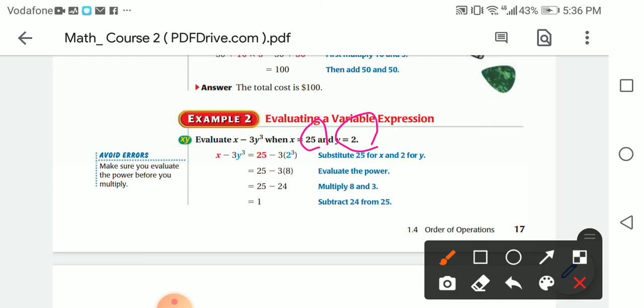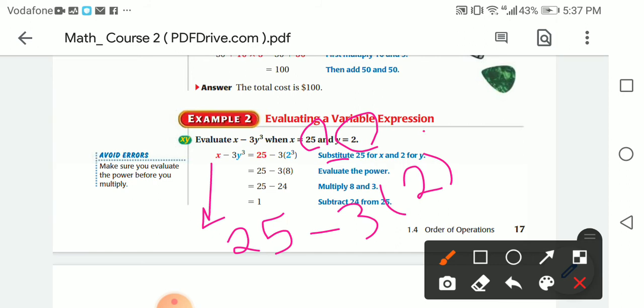It's very easy, but I have steps I should follow. So the first thing, substitute, put instead, don't forget. Substitute 25 for x and 2 for y. So instead of x, I put what? 25 minus 3, and instead of y, 2 to the third power.